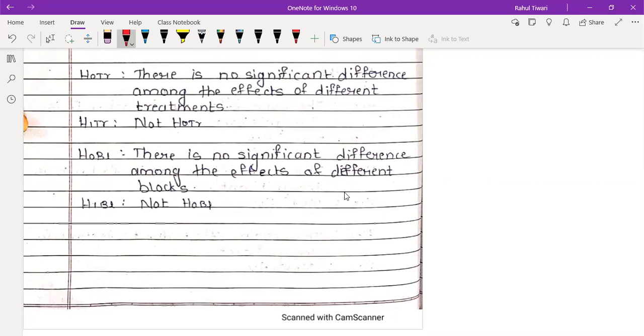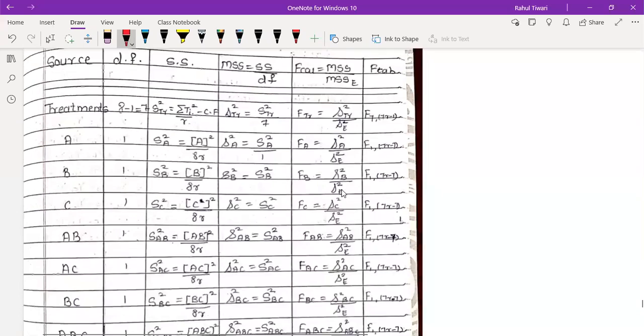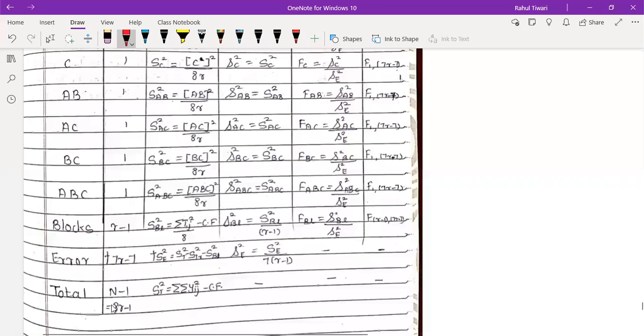Since there are 8 treatment combinations: A, B, C, AB, AC, BC and ABC, and then you have treatments and blocks. So these many hypotheses you have to test, and that many sources will come in your ANOVA table: A, B, C, AB, AC, BC, ABC, blocks, error, total.